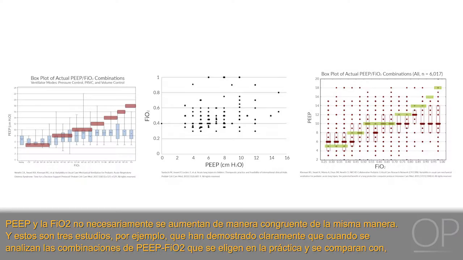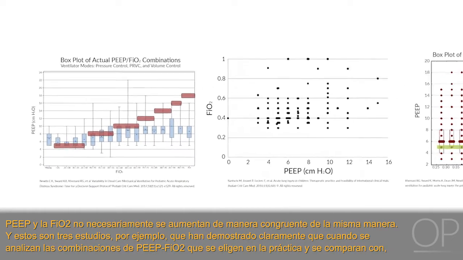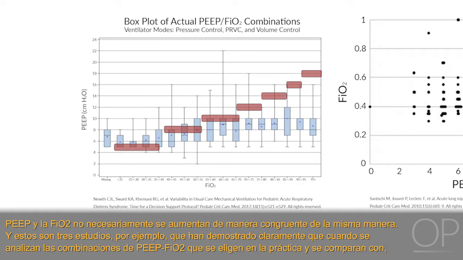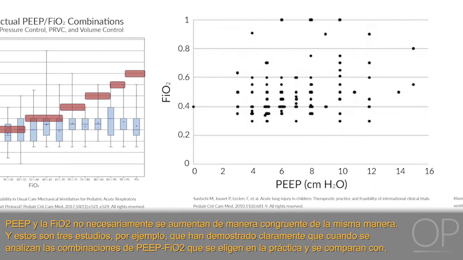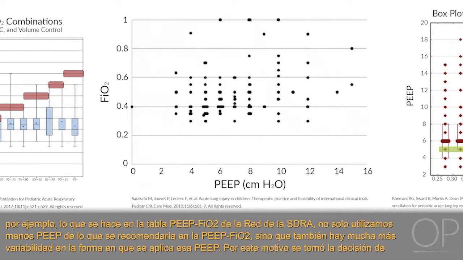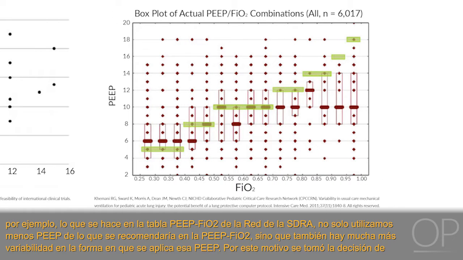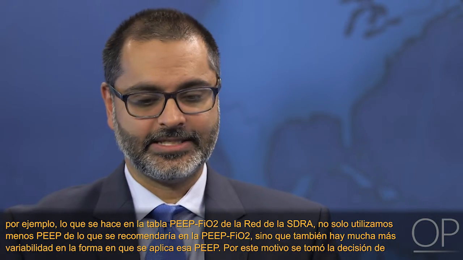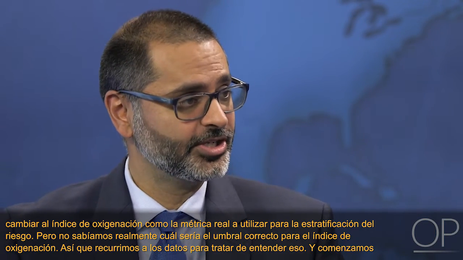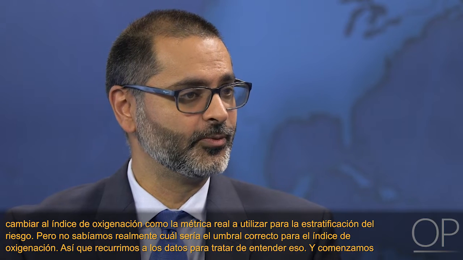And these are 3 studies, for example, that have clearly shown that when looking at PEEP FiO2 combinations that are chosen in actual practice, and comparing them to, let's say, what is done by the ARDS Network PEEP FiO2 table, not only do we use less PEEP than would be recommended by the PEEP FiO2 table, but there's also a lot more variability in how that PEEP is applied. So hence the decision to switch to oxygenation index as the real metric to use for risk stratification.